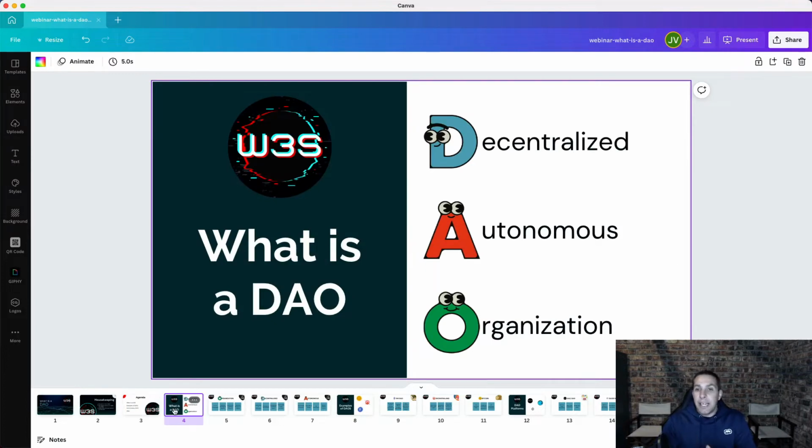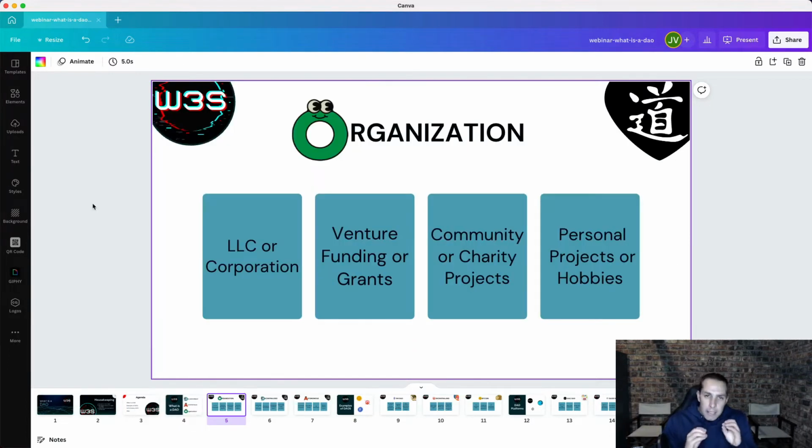So a DAO stands for Decentralized Autonomous Organization. The organization part of a DAO is a very broad term. It doesn't necessarily mean that you need to be some sort of LLC or corporation, even though that could be the case when it comes to a DAO. It could be something as small as a personal project or a hobby that you're interested in.